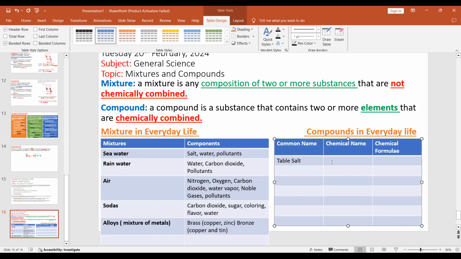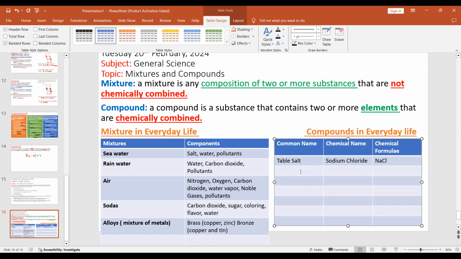And what is the chemical name for table salt? Sodium chloride. Very good. And what is the chemical formula? Give me their chemical symbols. Na and Cl. Very good, NaCl.